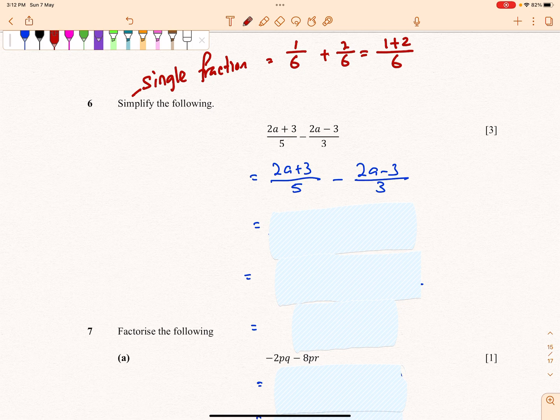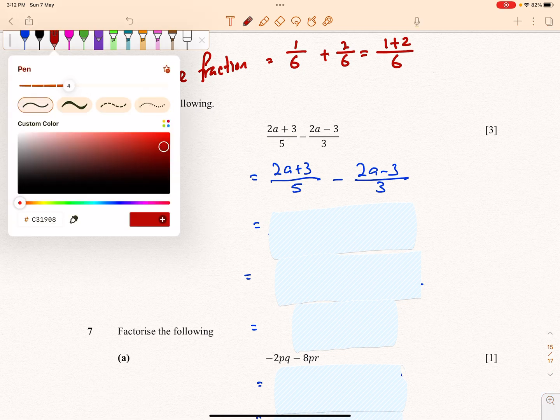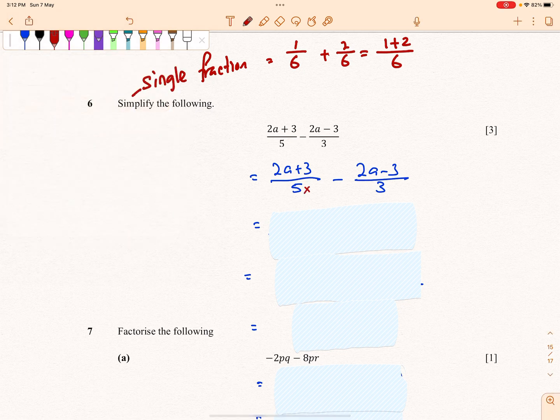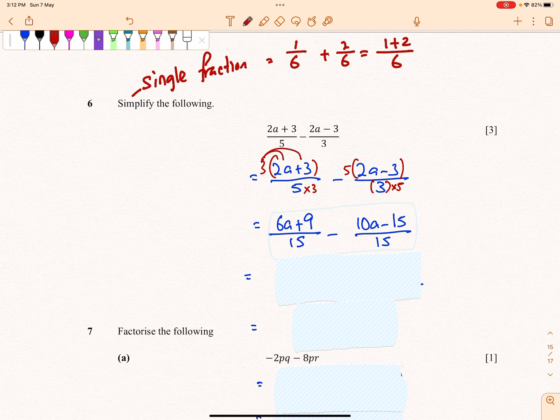So to make this into the same denominator, I will have to times a number, right? So this one will times 3, this one will times 5. Doing the rainbow, 3 times 2, 3 times 3, I will get 6a plus 9. 5 times 2, 5 times 3, I will get 10a minus 15, then over 15.